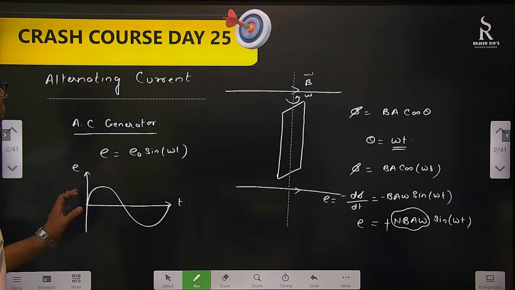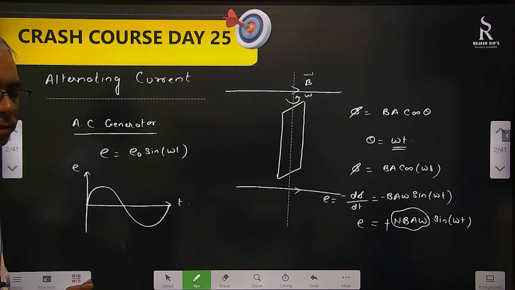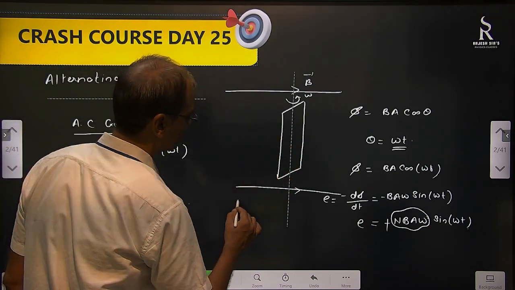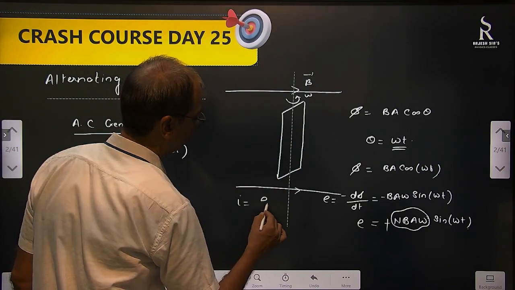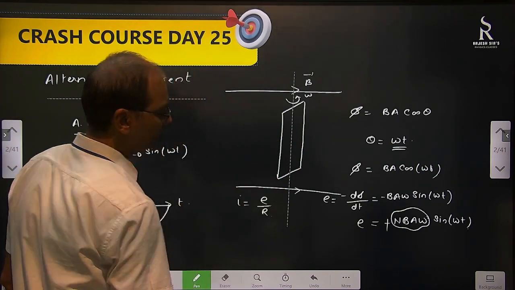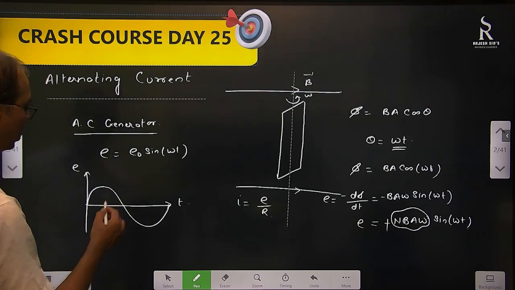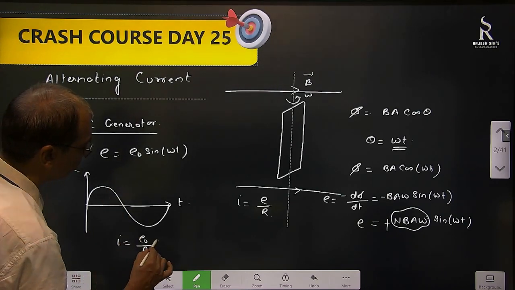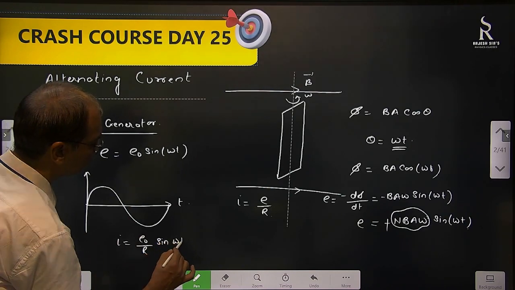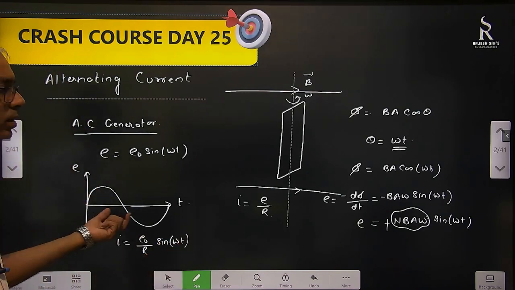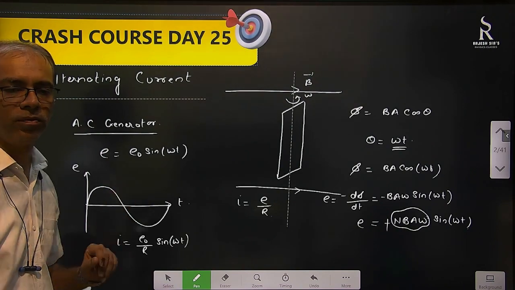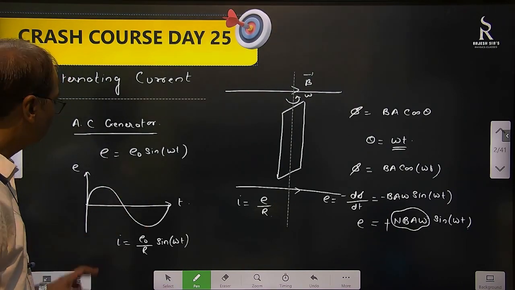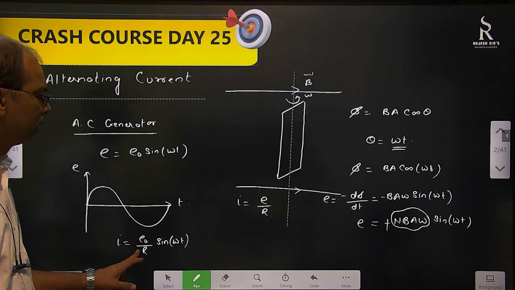Exactly the same way, if I want current, then if this coil has some resistance, I will be E by R. So, I equals E naught by R into sin omega t. The same graph is there for I also, and the same graph will be for E. Only the value differs; this is called I naught.